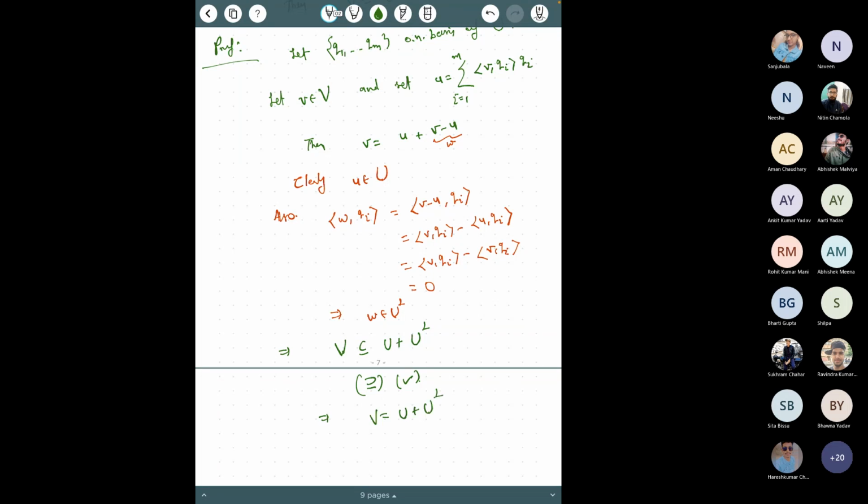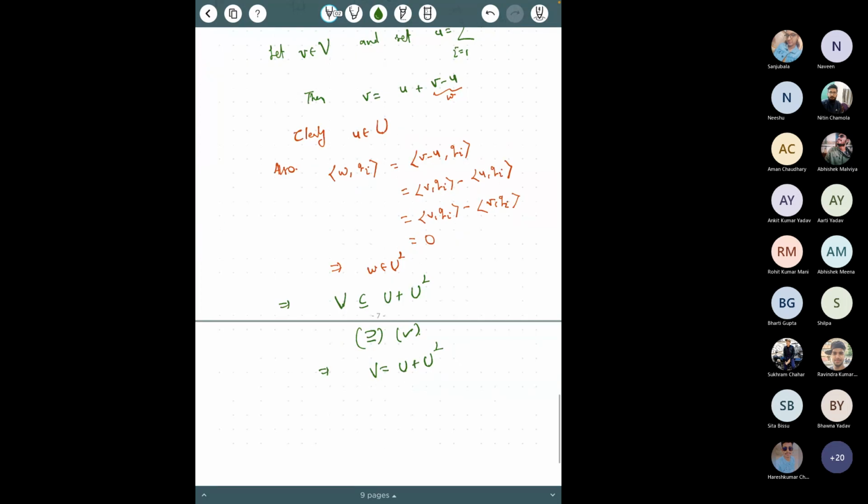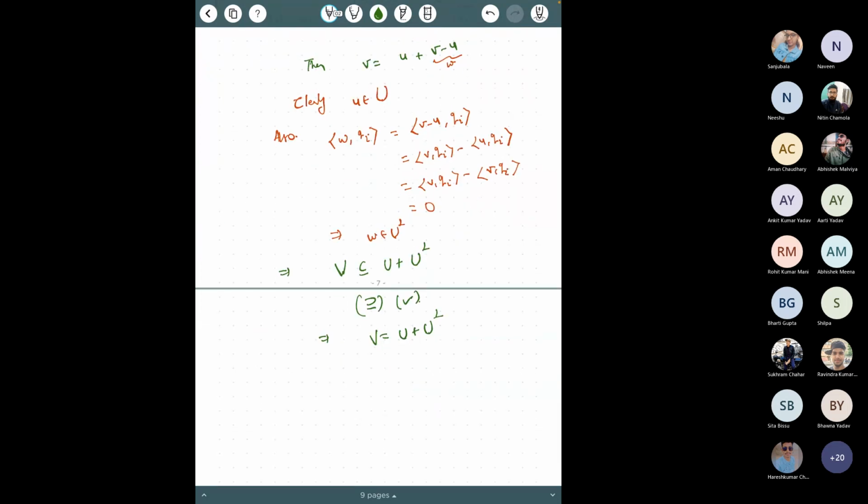So V can be written as a linear sum of vectors in U and U perp. Now we have to show that their intersection is just the zero vector in order to say that V is the direct sum of U and U perp. So clearly, since U and U perp are subspaces, zero is always there. Clearly this is true, right?